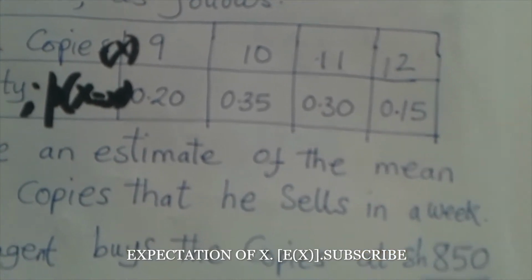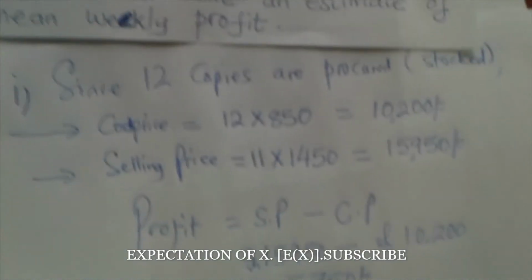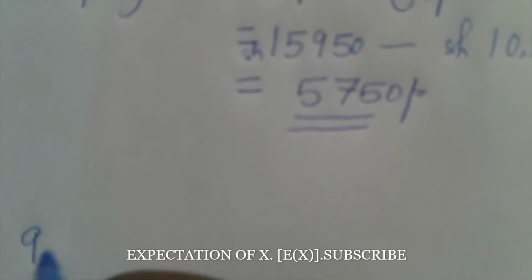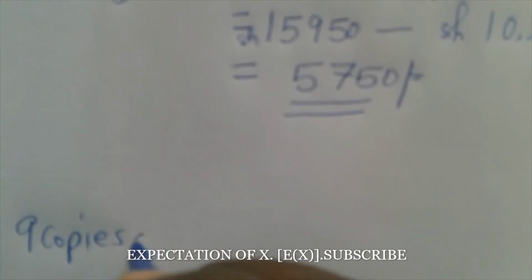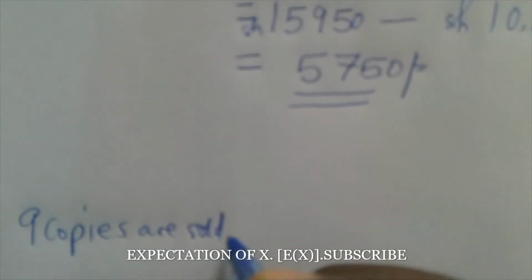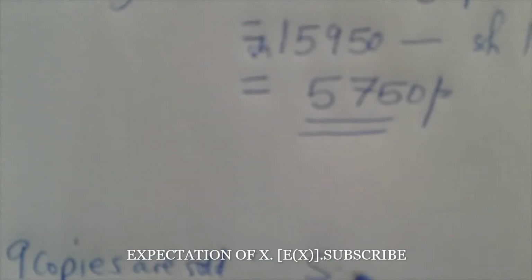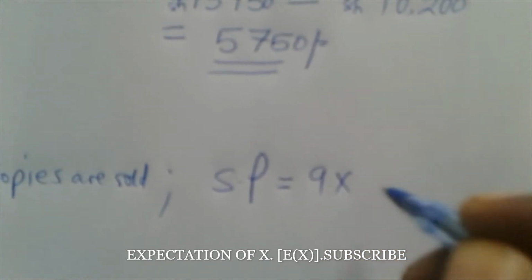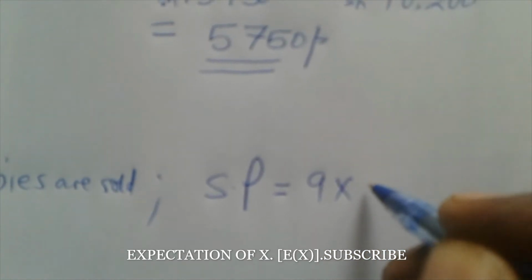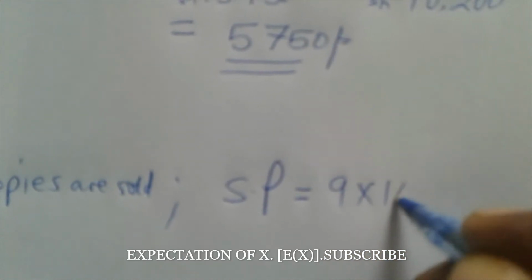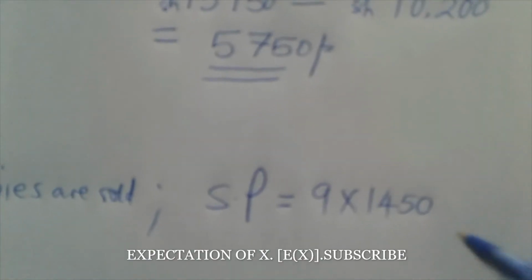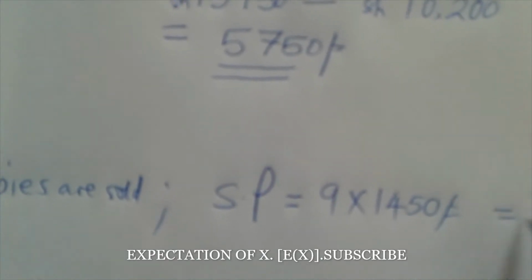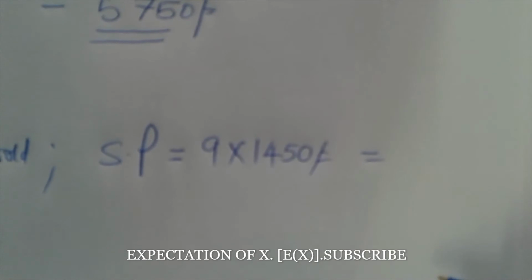Now, as part of Roman 2, when 9 copies are sold, then we have a selling price of 9 multiplied by the cost per copy, which is 1,450 shillings, and this will give us a selling price.